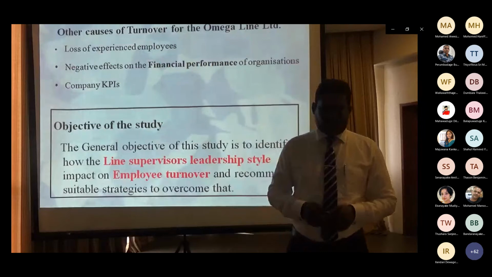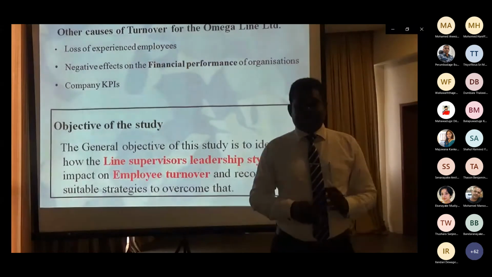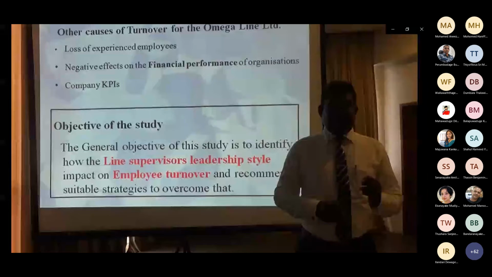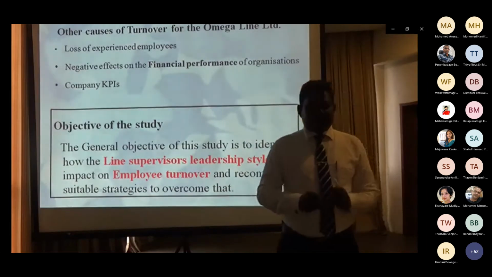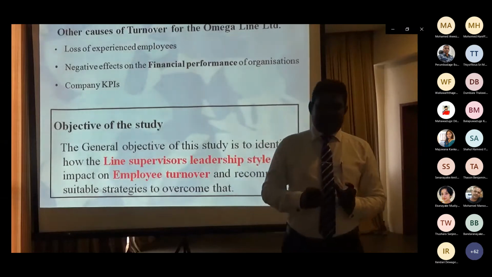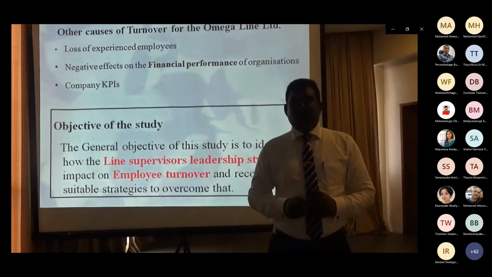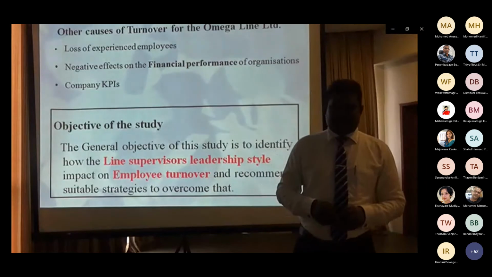Other factors: loss of experienced employees, negative effects on the financial performance of the organization, and difficulty meeting company KPIs. The general objective of this study is to identify how the line supervisor's leadership style impacts employee turnover and recommend suitable strategies to overcome that.